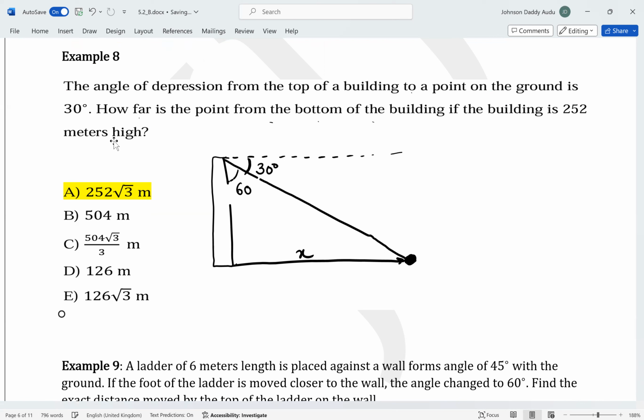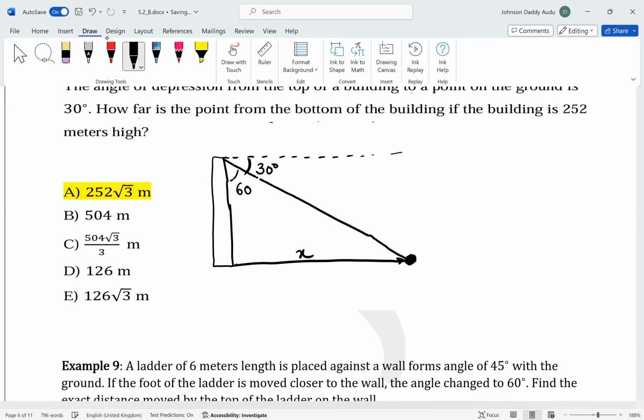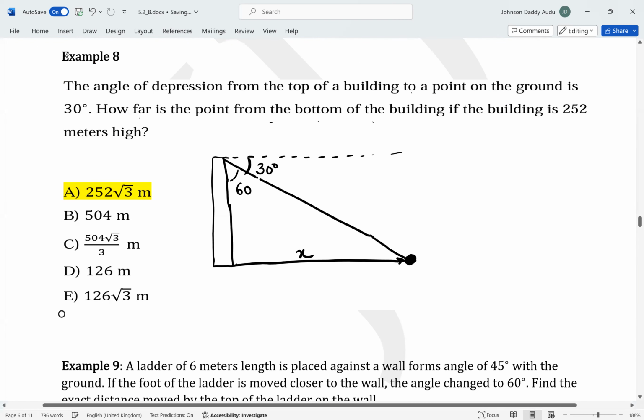Once we have the 60 degrees, we can easily find what we are looking for. So let's take away this one first.